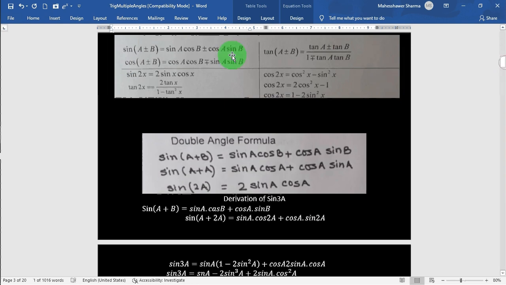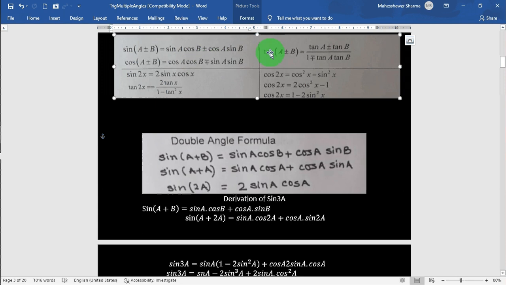In previous classes we have read that sine a plus b equals sine a into cos b plus cos a into sine b. Same way, cos a plus b equals cos a into cos b minus sine a into sine b.